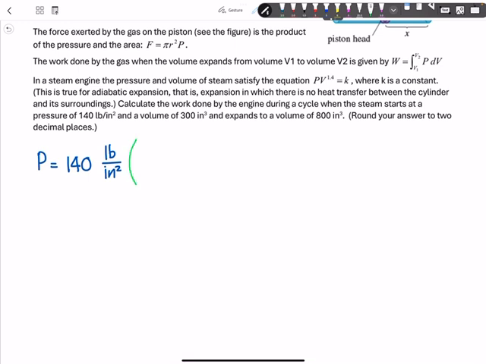We know that 12 inches is the same thing as 1 foot, but I have to square these values to get the square inches in the denominator.